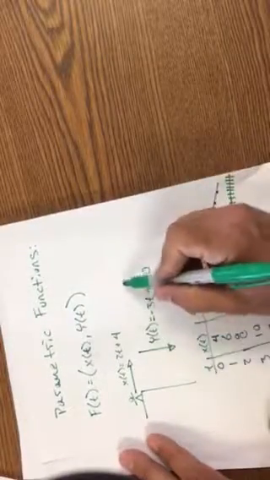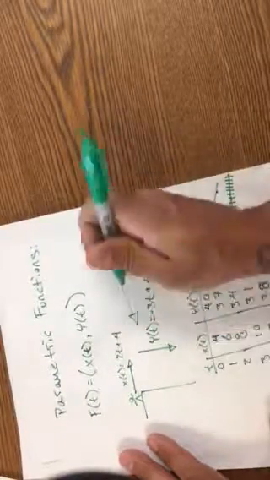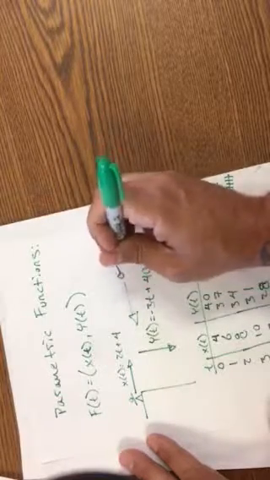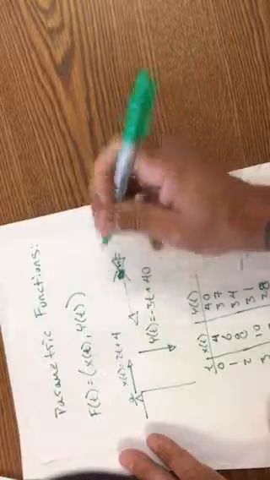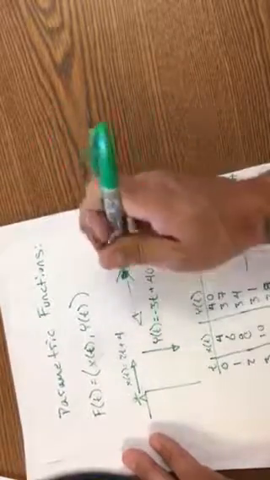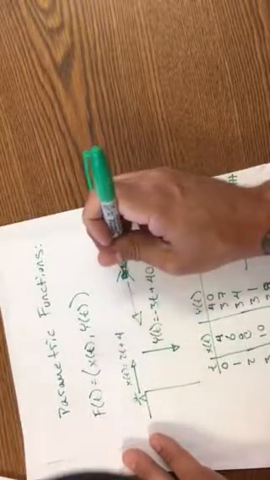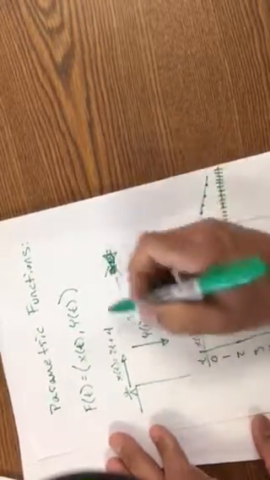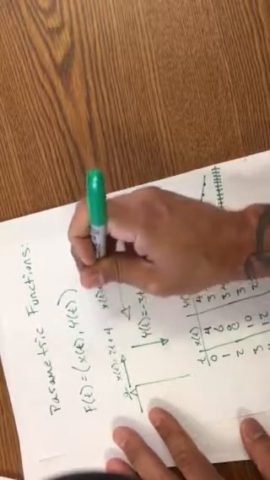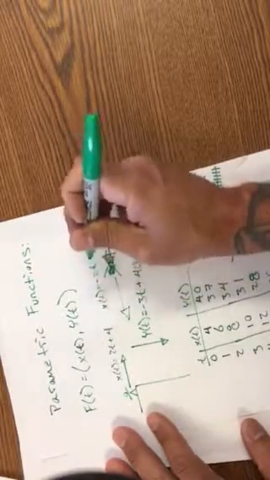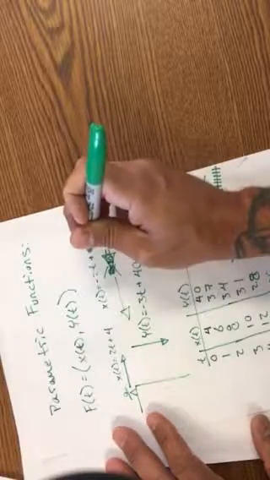Now, if you had somebody flying in to save you, Supergirl, flying in to save you. I know that's not how the S looks on her chest, on her cape. I can draw it, but I'm not going to spend the time. So she's going to be flying in with a horizontal movement of something like this.